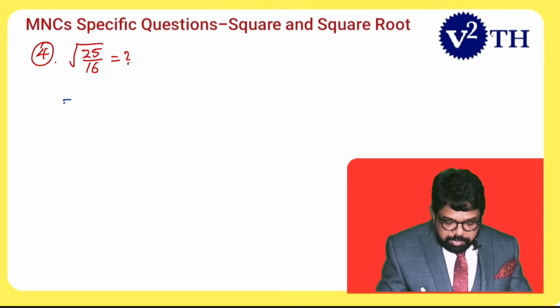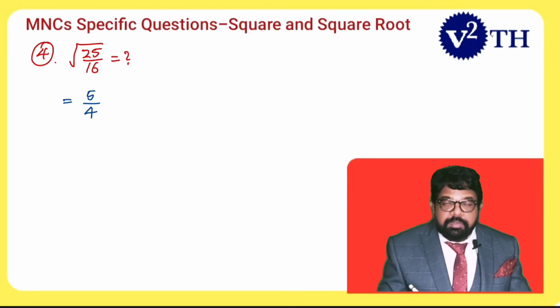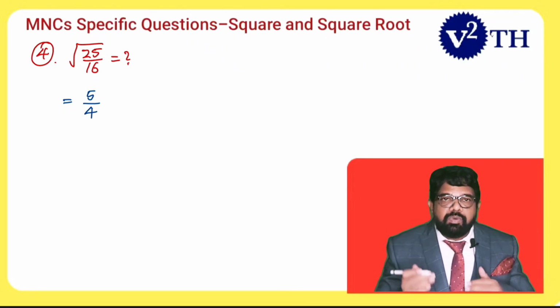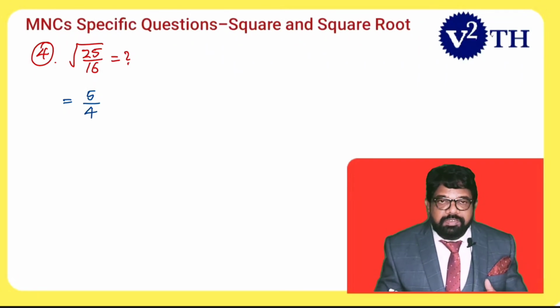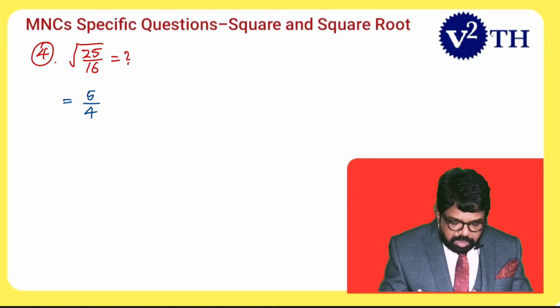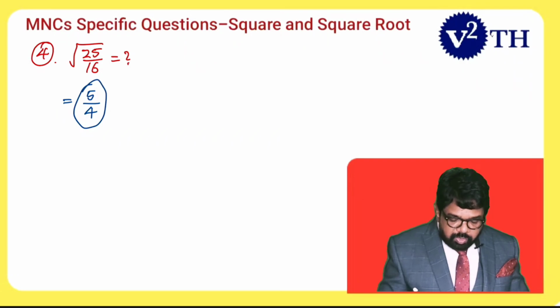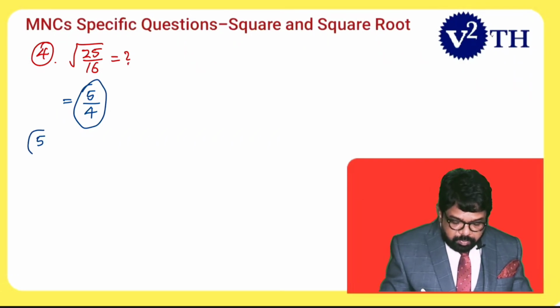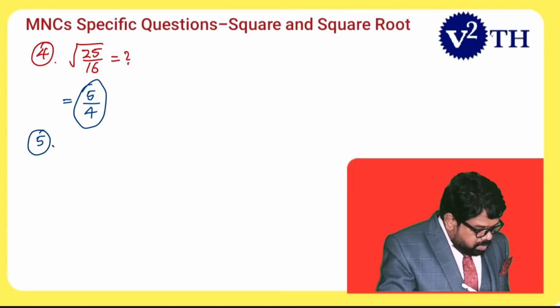We know root 25 is 5, root 16 is 4. You have to write separately root 25 by root 16. Root 25 is 5, root 16 is 4, so 5 by 4. It can be written as a fraction or as a decimal also. So its answer is 5 by 4. Now see here question number 5.